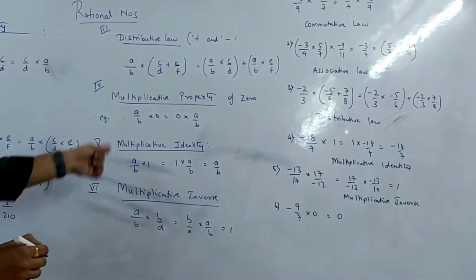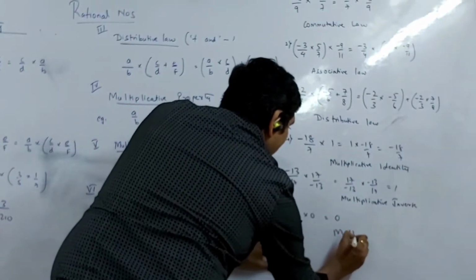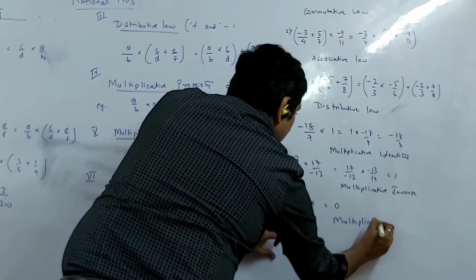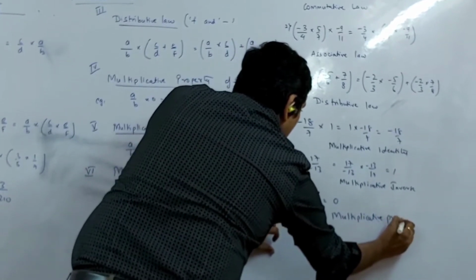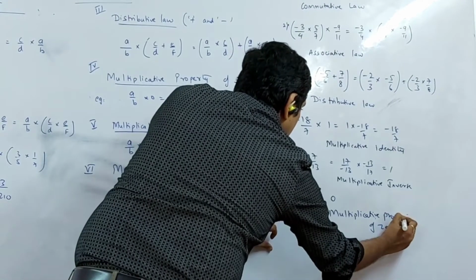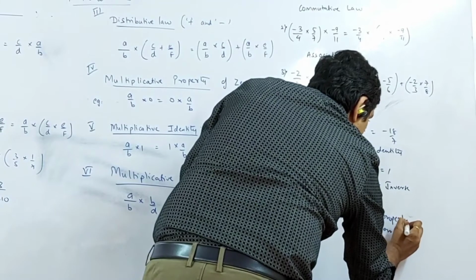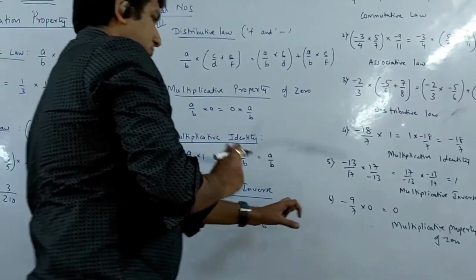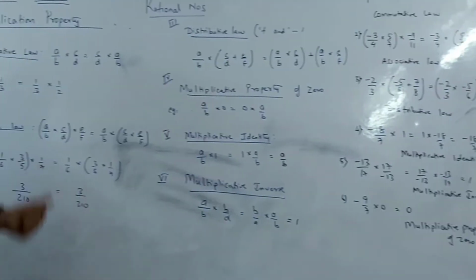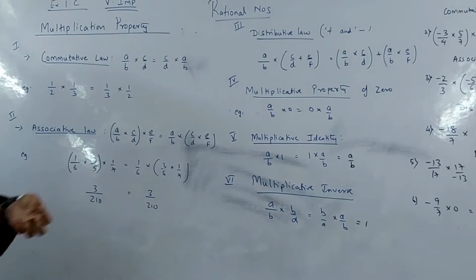That is nothing but multiplicative property of 0. Hence, we are done with question number 4 also. Please write this property properly.